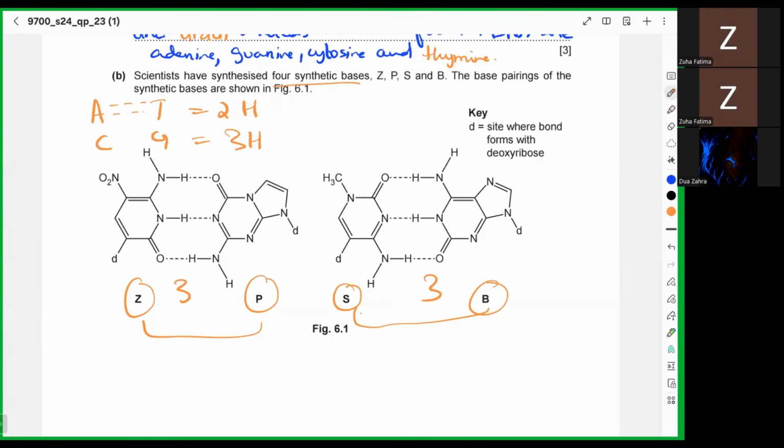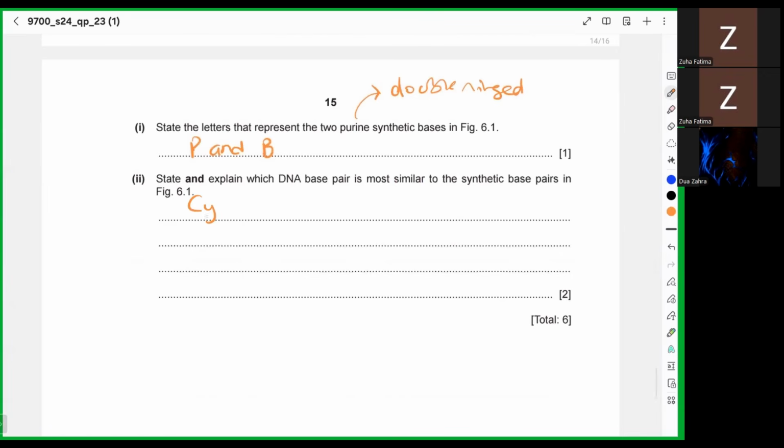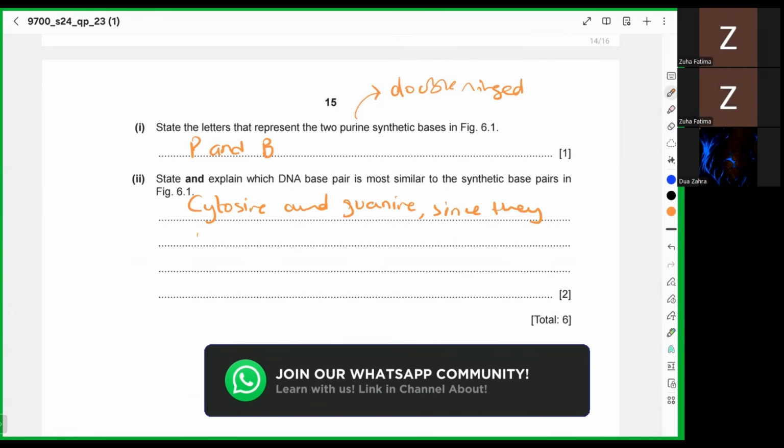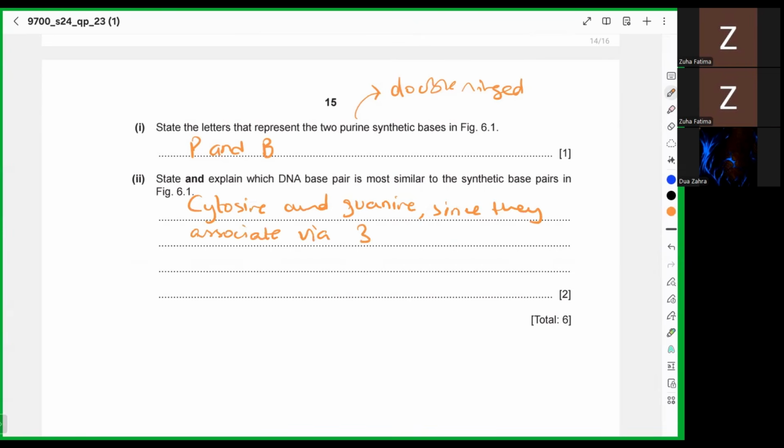So, cytosine and guanine, since they associate via 3 hydrogen bonds, are similar to the synthetic bases shown.